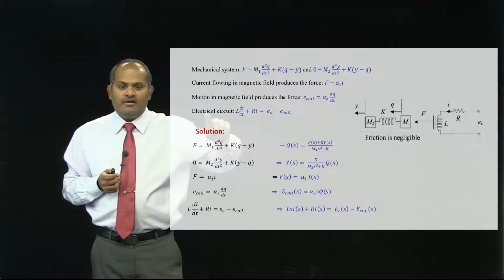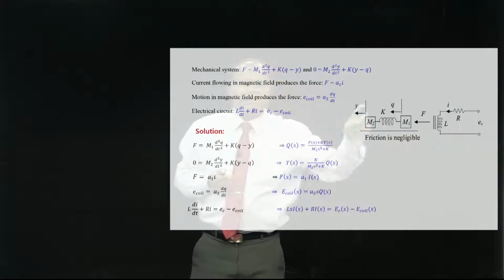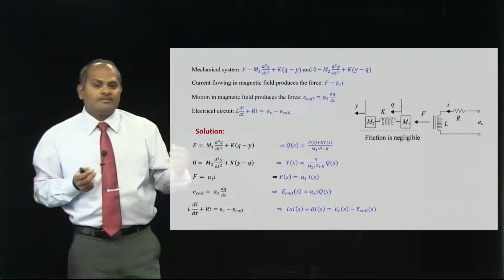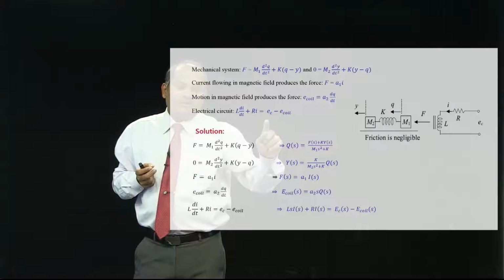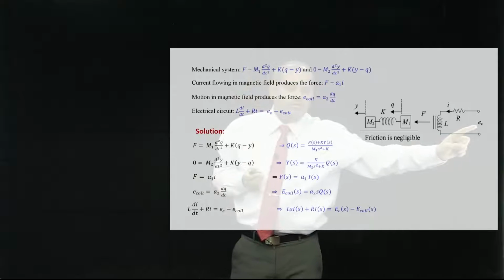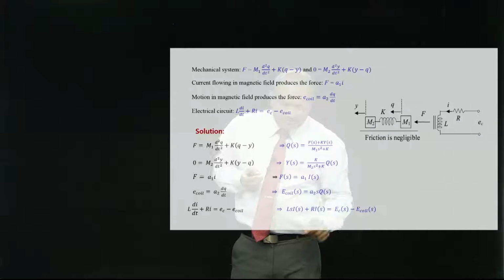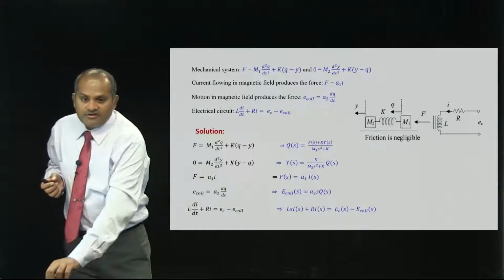Next, electrical circuit. So, this is the electrical circuit, this is the mechanical part. So, this is a nice electromechanical system. So, the electrical circuit is given. You can see here that this is the input, produces I, I produces force, force produces Q, Q produces Y. If you understand this aspect, the modeling actually is very simple.